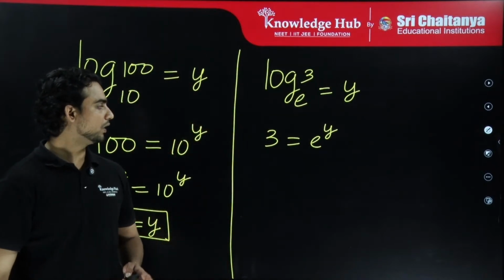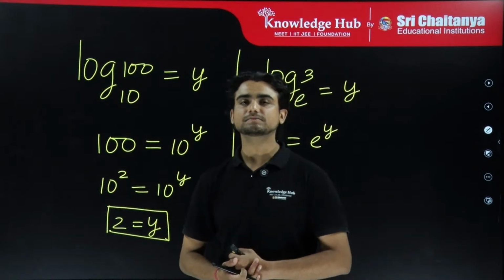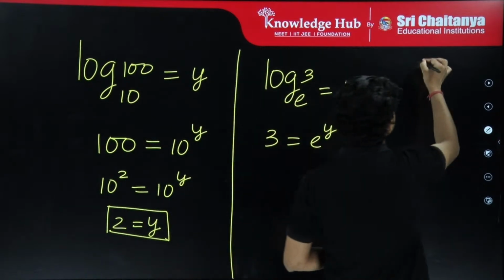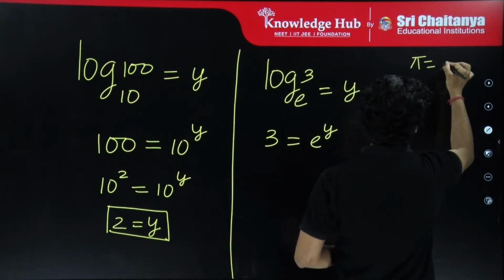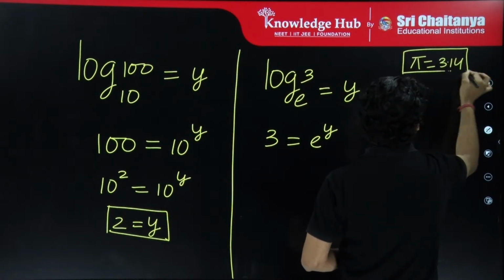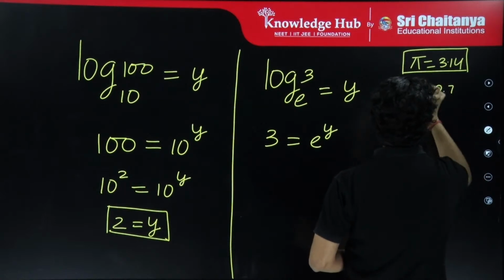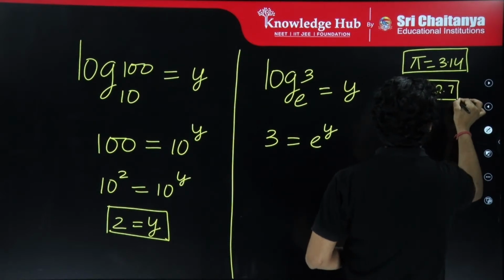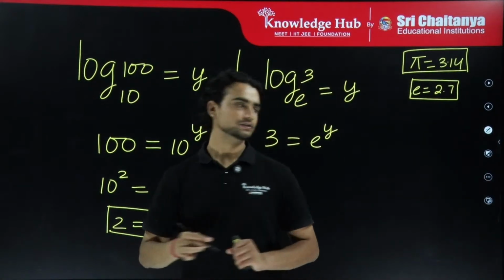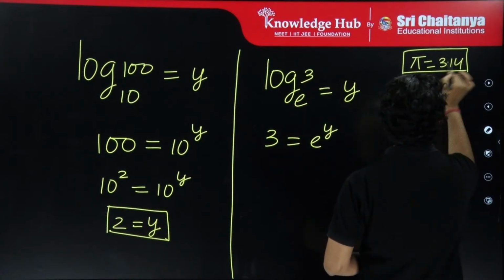Now what is e? e is some number, like pi is a number, 3.14. e is also a number, 2.7 something something.